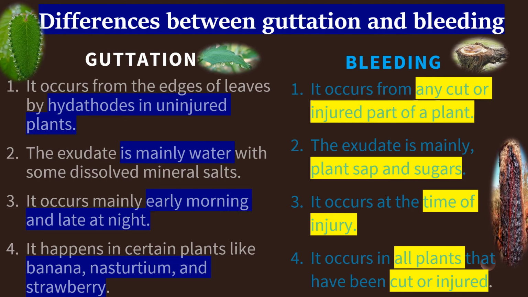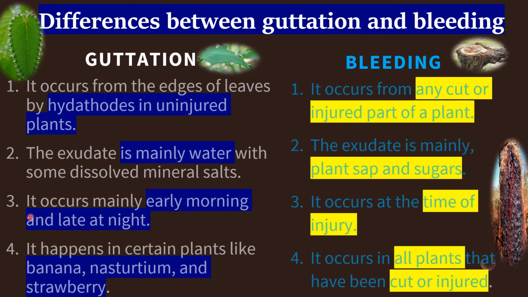What are the differences between guttation and bleeding? Guttation occurs from the edge of the leaves by hydathodes in uninjured plants. Bleeding occurs from any cut or injured part of a plant. The exudate is mainly water with some dissolved mineral salts in the case of guttation. But in the case of bleeding, the exudate is mainly plant sap and sugar.